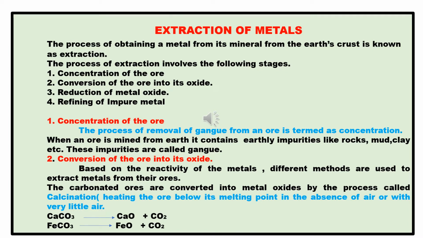Calcination is heating the ore below its melting point in the absence of air or with very little air. So heating an ore to a high temperature, not up to its melting point. It should not convert into a liquid.